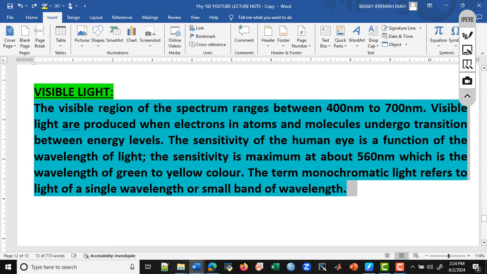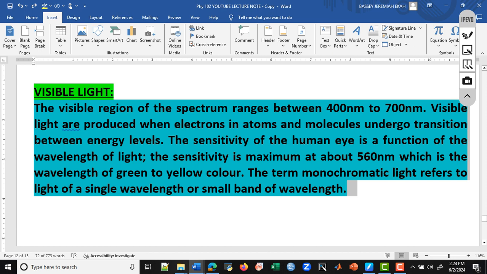So that's how visible light are formed. The sensitivity of the human eye is a function of the wavelength of light. The sensitivity is maximum at about 560 nanometer, which is the wavelength of green to yellow light.